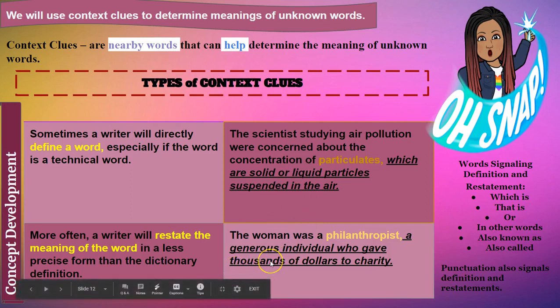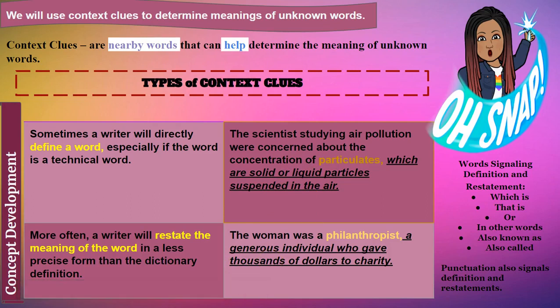Also, the author gives us signaling words and definitions to let us know, hey, here's a clue. We see which is, that is, or in other words, also known as, also called. Something that you guys need to really grasp hold to is the power of the punctuation mark.